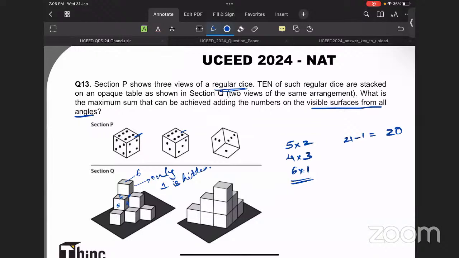So 3 numbers: 21 minus the hidden value 3, that is 2 plus 1, is 18 only. How many are like this? 1 is here, second one is here, third one is here, fourth one is here. So you can go for 4 18s. You can try. So that is 4 18s.